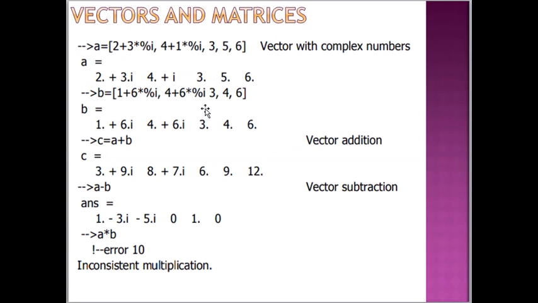If we need to add a plus b, we get the vector addition c value, right? So we can cross check these values. And a minus b gives vector subtraction, and a into b means multiplication of two vectors, right?